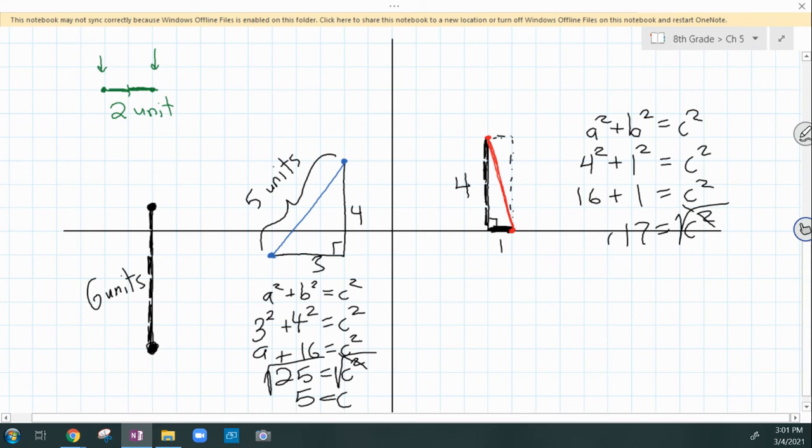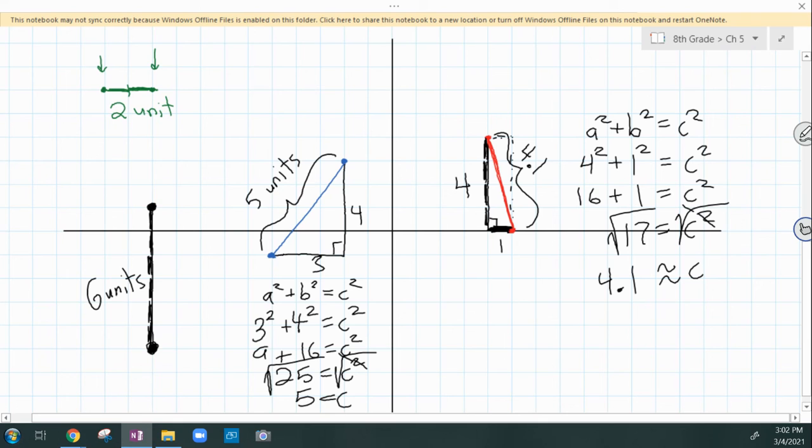And square root. The square root of 17 equals approximately, we were right, about 4.1 units. So this distance here is about 4.1 units.